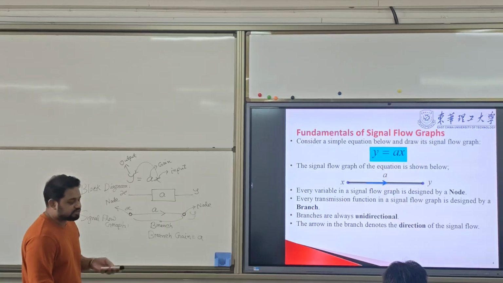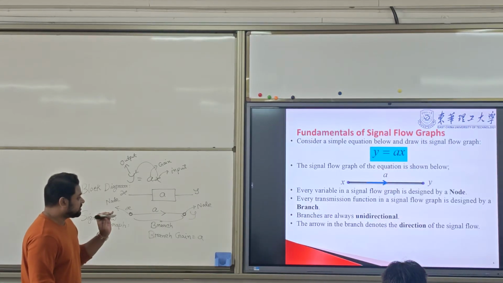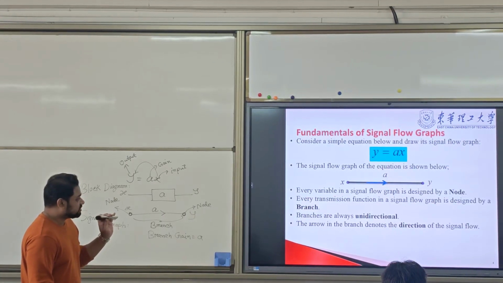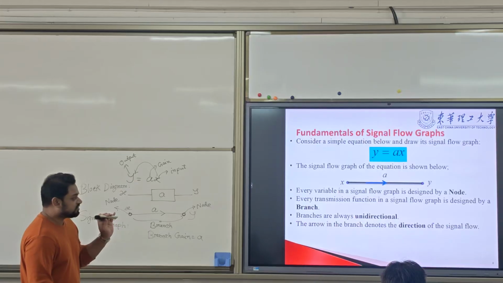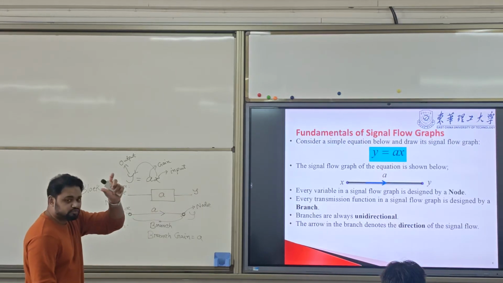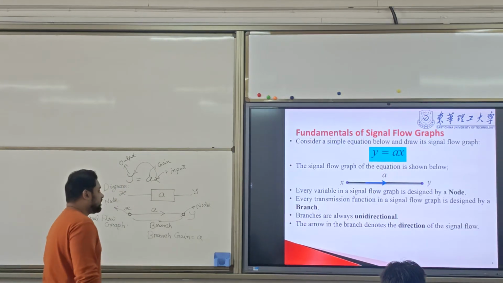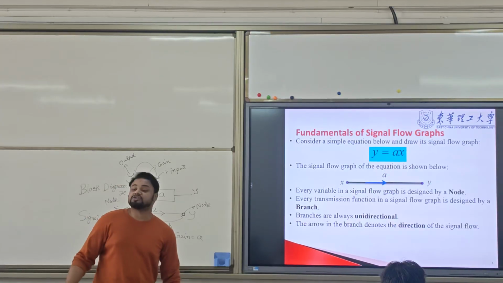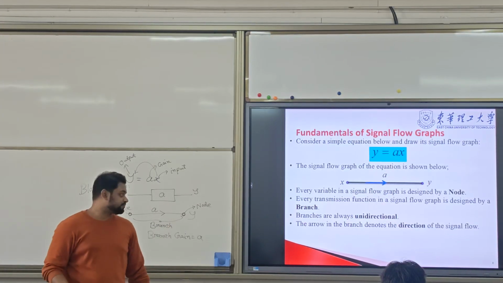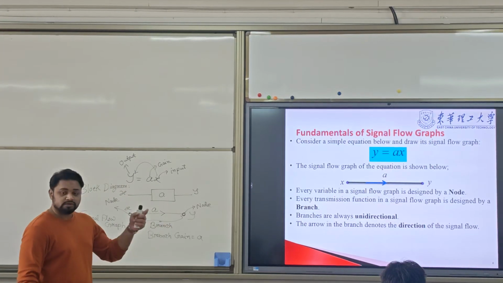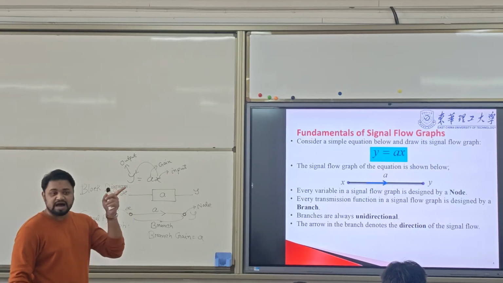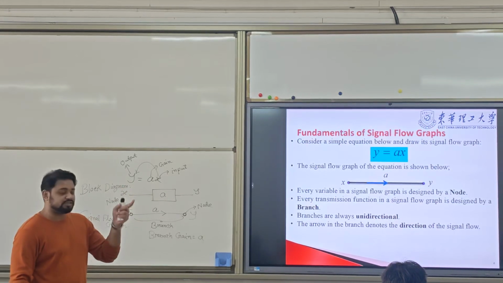This transmission function is designated by a branch. That is, two nodes make a branch, and branches are always unidirectional, one direction. The arrow denotes the direction of the signal flow.